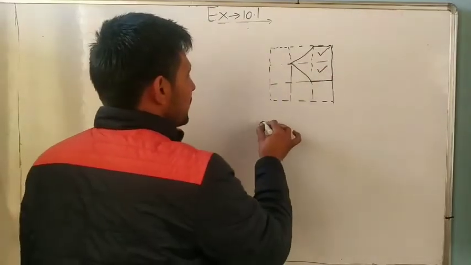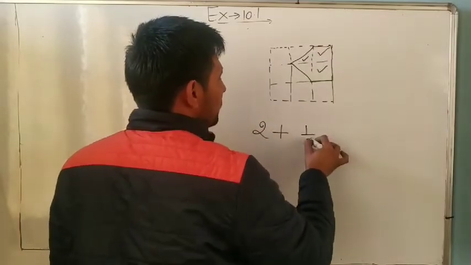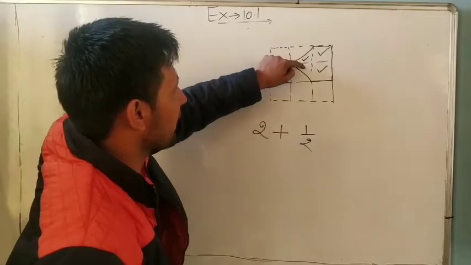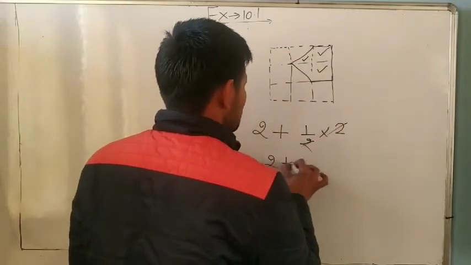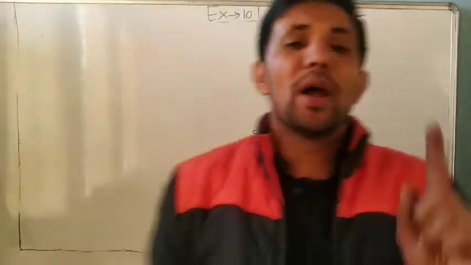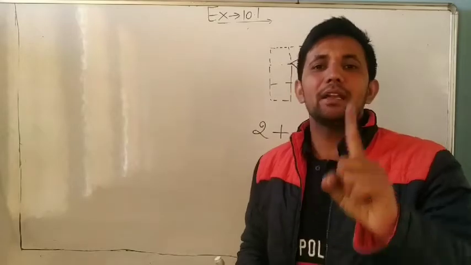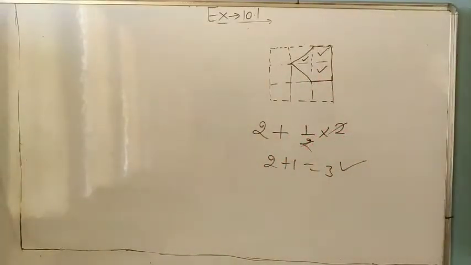So total area is 2 squares plus the half squares, 1 by 2, and how many half squares, 2, so 1 by 2 into 2. So what is 2 plus 1? So total square is 3. So always remember, whenever a complete square, the area is 1. If it is a half square, its area is half. Understand?